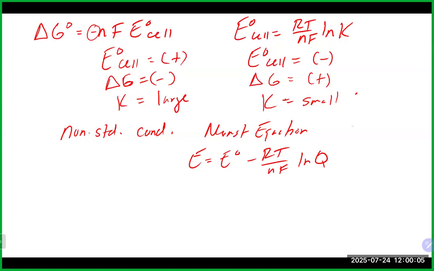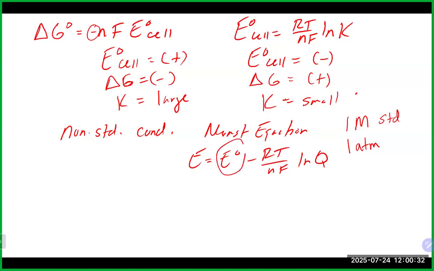Typically, the two major things that would push you into that equation would have to do with molarity, and again, 1 molar is standard conditions, and also pressures as well. 1 atmosphere is standard conditions. So if you're dealing with something like we did, I think, in the last example, where maybe the concentrations are not all 1 molar, then you would be under non-standard conditions.